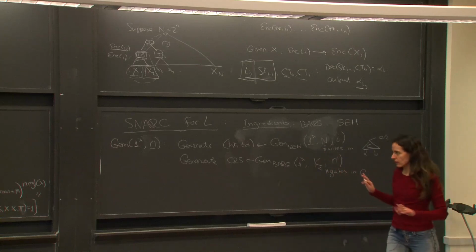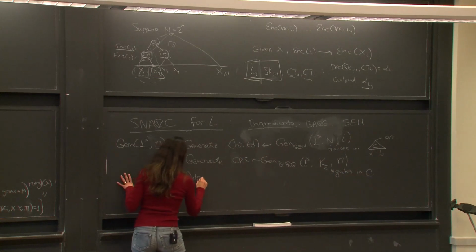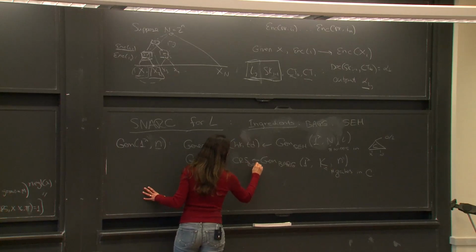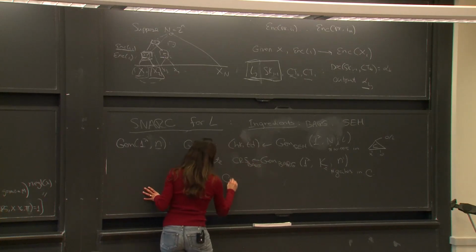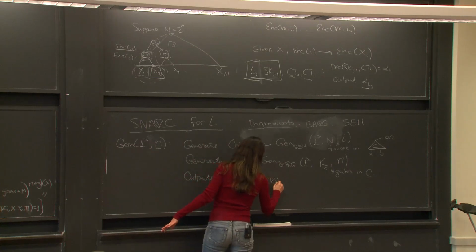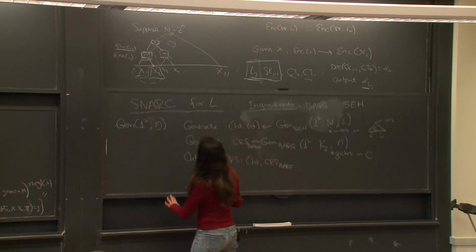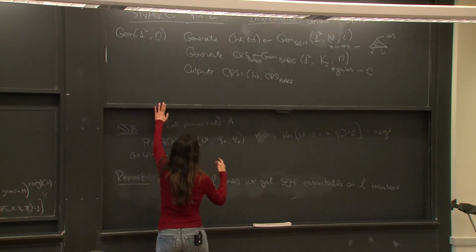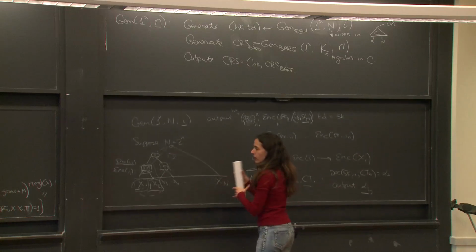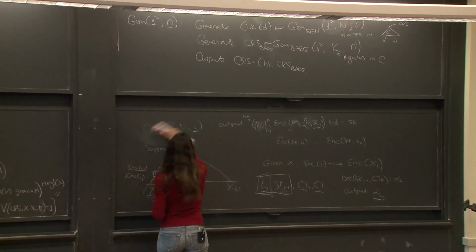But the output is just, let me call this CRS BARG. So you output CRS, which is equal to the hash key and CRS BARG. Okay, so that's how you generate. So the key generation, the CRS, has a CRS for the BARG and a hash key.